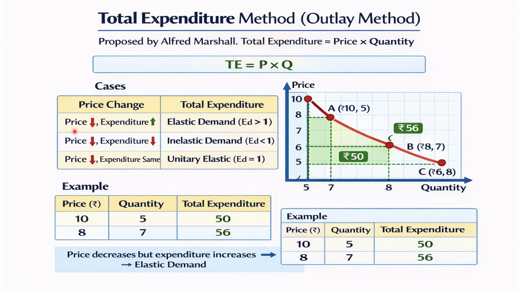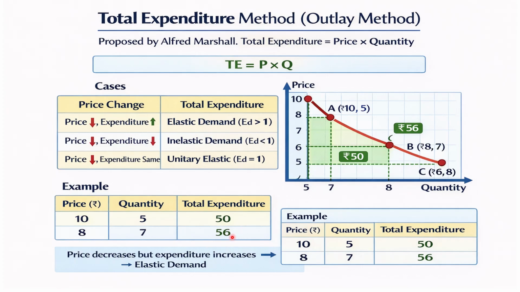Here you can see that when price decreases, expenditure may increase. This is the case of elastic demand, that is greater than 1, right? As you see in this example, the price is decreasing and the quantity will increase. So the total expenditure also increases.